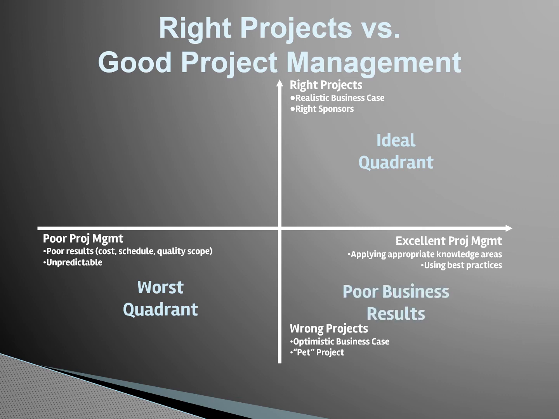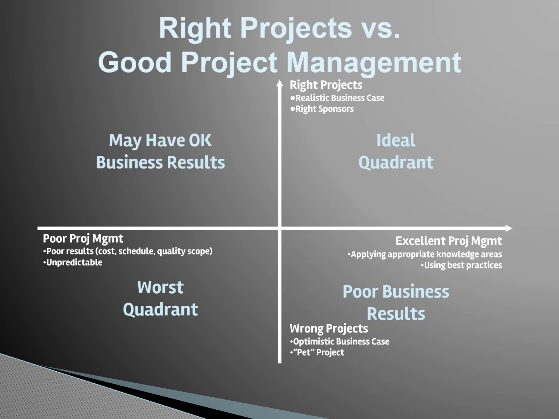The lower right quadrant contains wrong projects, but we manage them with excellence. But these projects cannot produce good business results anyway.